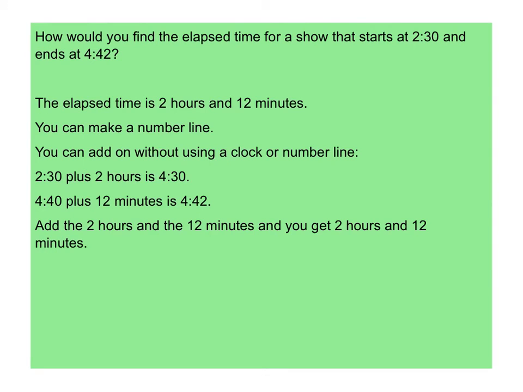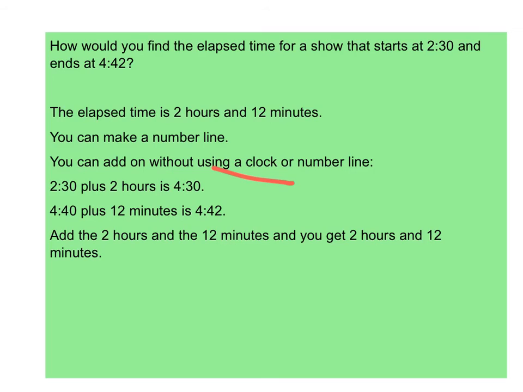All right, so when you have elapsed time, there are different strategies that you guys can use. So if you have that whole 2:30 to 4:42, what's the elapsed time? You could make a number line. So you could draw that number line. You could start at 2:30. Then you could put an hour later, 3:30.